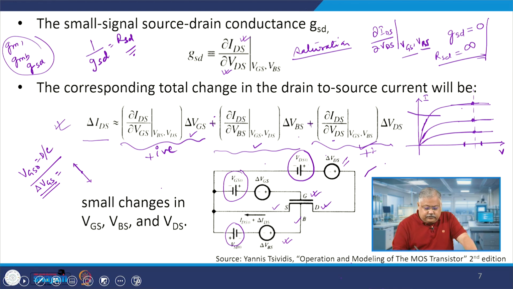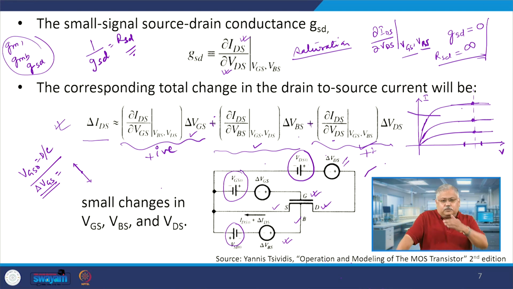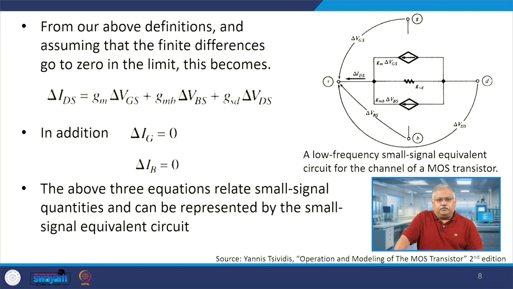And you see interestingly that the current which is flowing is obviously in the external circuit, it flows from source to drain. So I have written here IDS0 plus del IDS as the total current flowing through the device. This is the total current flowing through the device depending on the variation here, and this gives you a small signal change or variation in the value.